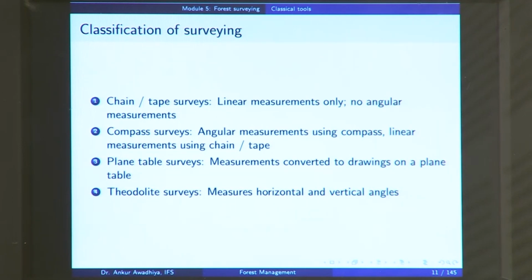Or we make use of LiDAR or radar, but these are the classical tools that we have been using since ages.